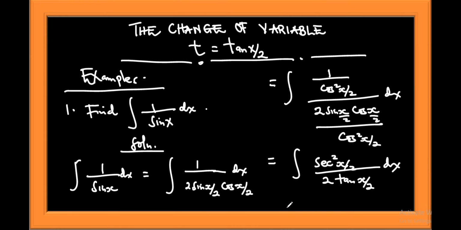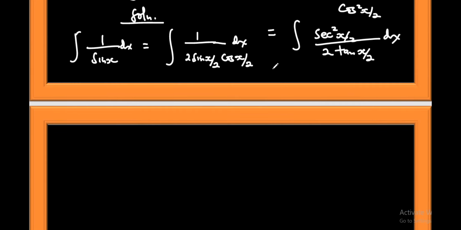From here, we can clearly see that sec squared x over 2 is the same as 1 plus tan squared x over 2. That means we shall now have the integral of 1 plus tan squared x over 2 divided by 2 tan x over 2 with respect to x.